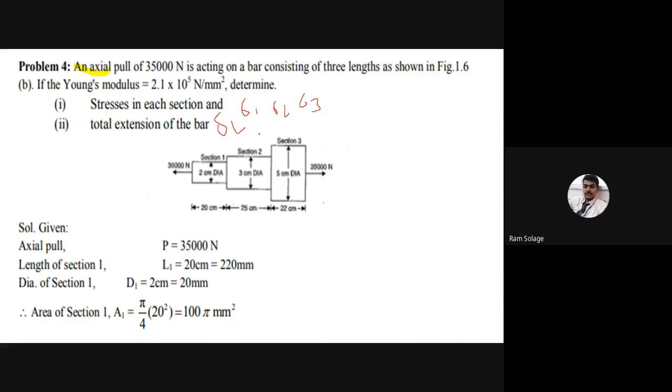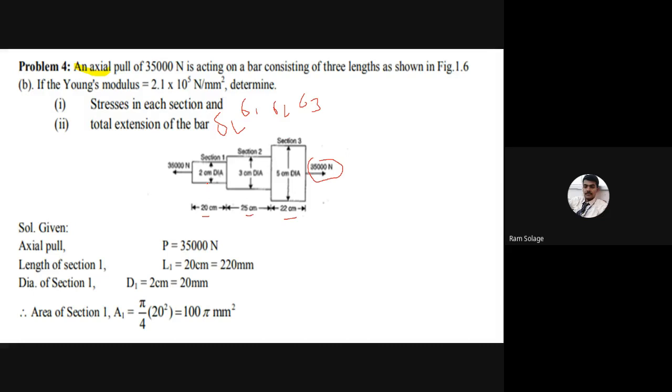Draw the diagram. They are giving a load of 35,000 Newton. They are giving different lengths, 20 centimeter, 25 centimeter and 22 centimeter, for section 1, section 2 and section 3. And they are giving diameters. In some problems they give the values of A1, A2, A3, and in some the values of D1, D2, D3.